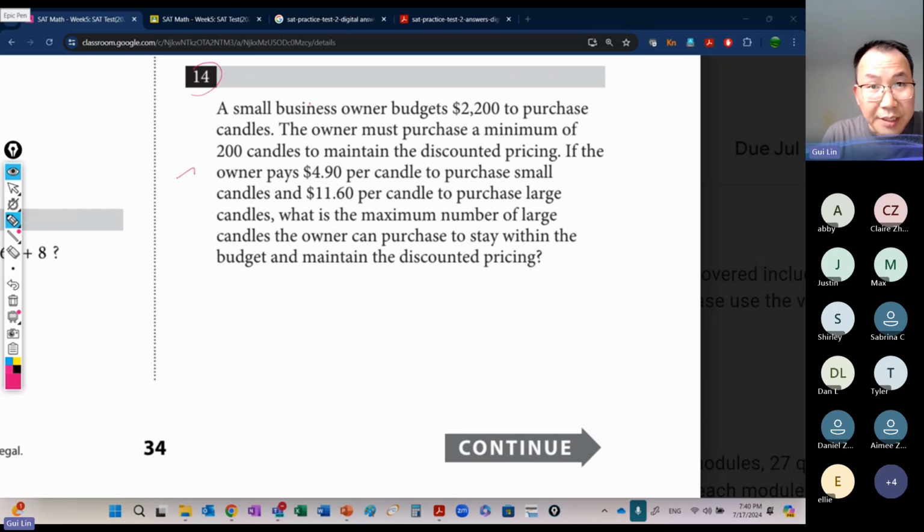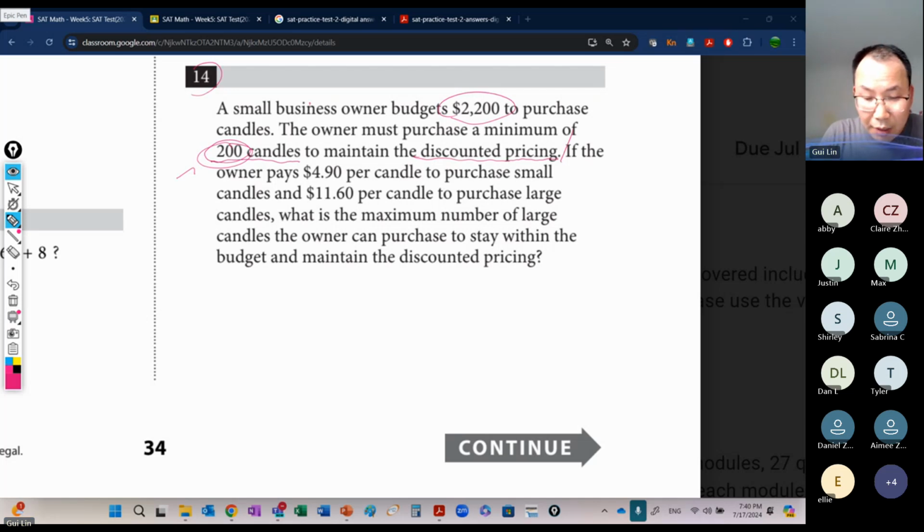A small business owner budgets $2,200 to purchase candles. The owner must purchase a minimum of 200 candles to maintain the discounted pricing. So that's two pieces of information here. In total, minimum means at least, greater than or equal. The owner's budget is a maximum of $2,200 available.